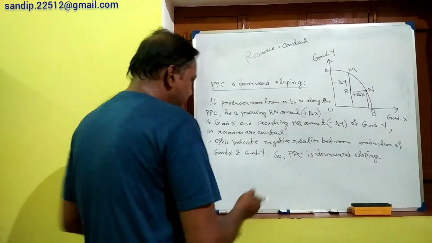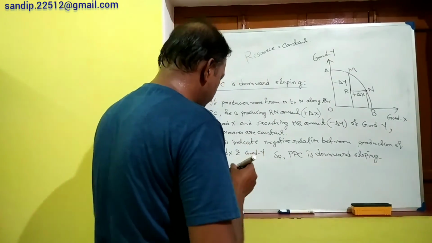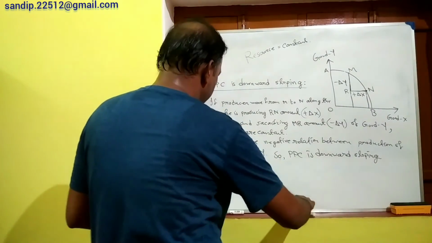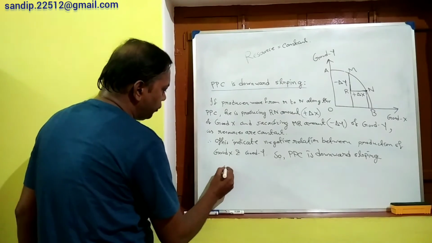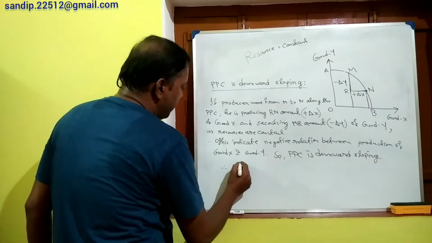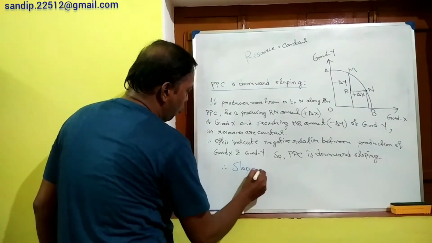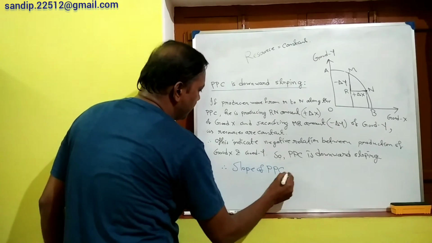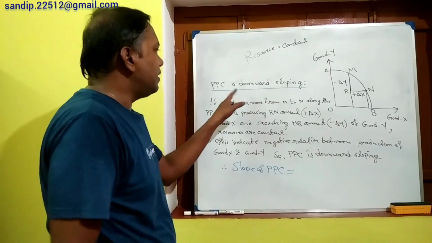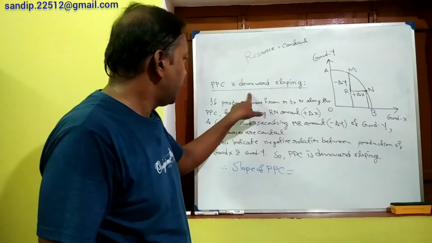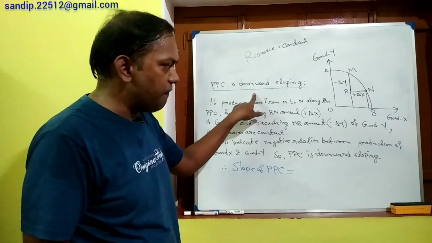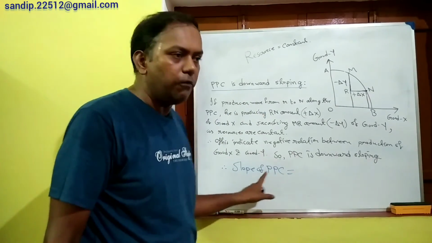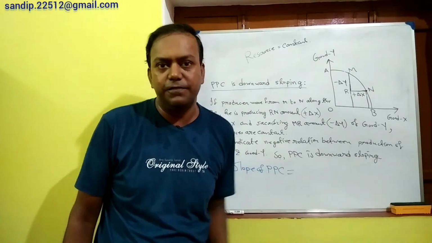Actually, here you can do something extra if you want. You can show the slope of the PPC. You can write the slope of PPC equals to. Just see, if any curve is downward sloping, then obviously its slope will be negative.